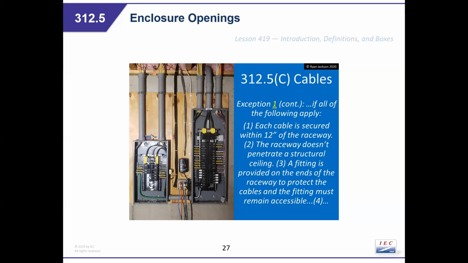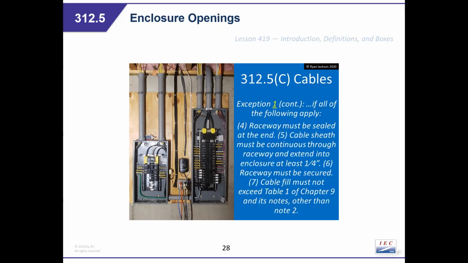1, each cable is secured within 12 inches of the raceway. And 2, the raceway doesn't penetrate a structural ceiling. And 3, a fitting is provided on the end of the raceway to protect the cables, and the fitting must remain accessible.